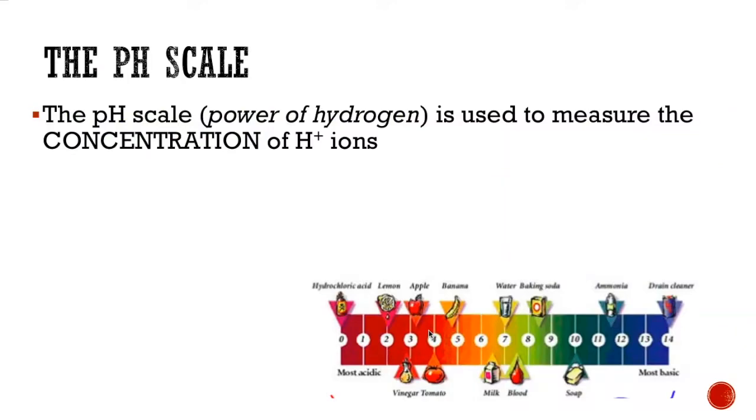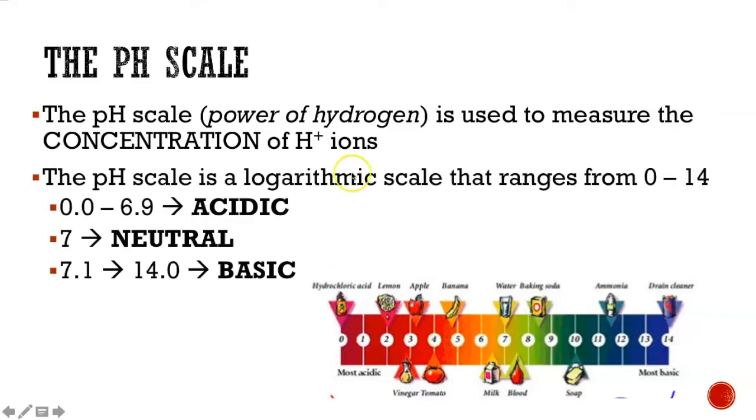Okay, so the pH scale. This is something you might have heard of. If any of you have pools or hot tubs, or have been to pools or hot tubs, you maybe have heard of this, because the pH of those is really important to keep us safe when we're swimming. The pH scale, or the power of hydrogen scale, is used to measure the concentration of hydrogen ions in a solution.